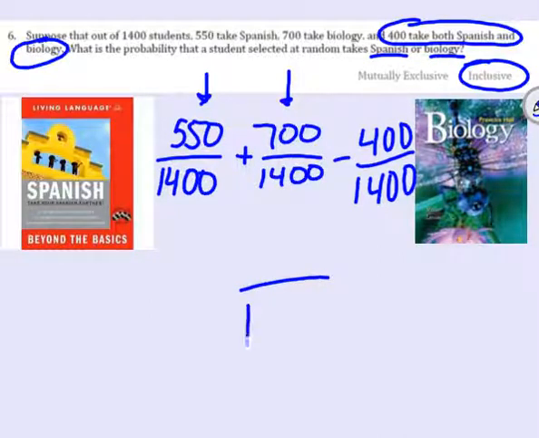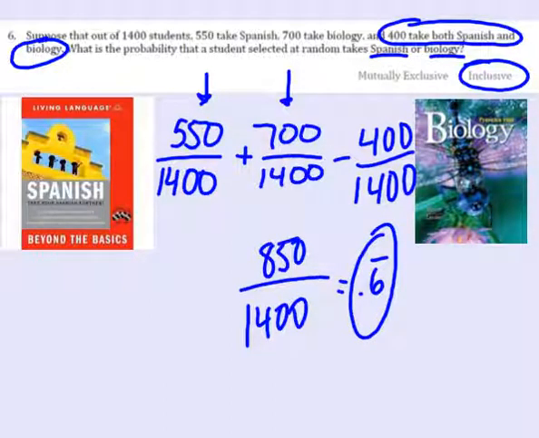Because I'm good at math, you know you're dividing by 1,400. That stays the same. Right? 550 and 700 is 1,250 minus 400. You're going to have 850 out of 1,400. So make sure you can do that in a calculator. And when you do that, you are going to get 0.6 repeating.